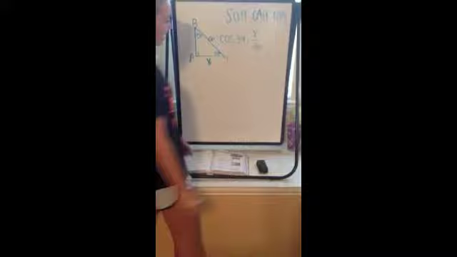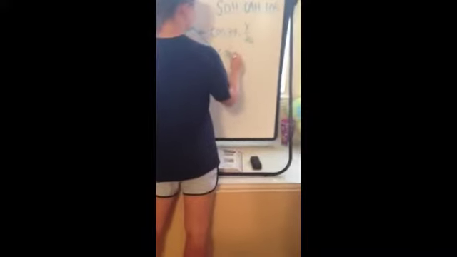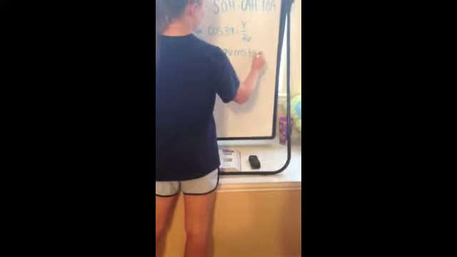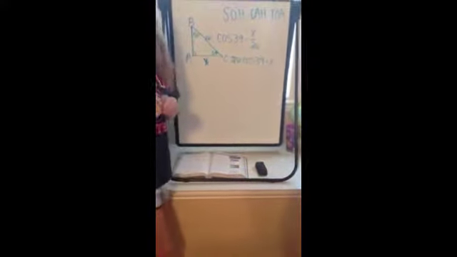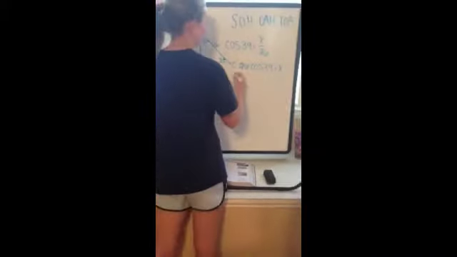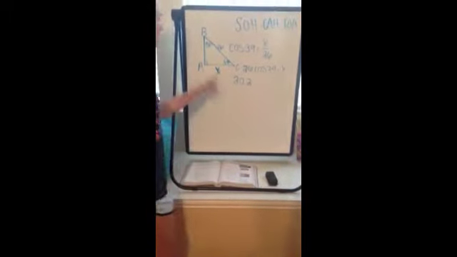Now that you're looking at that, you just simplify that to 26 cosine 39 equals x and plug it into your calculator. Once you plug it into the calculator, you're going to get 20.2 for the length of x.